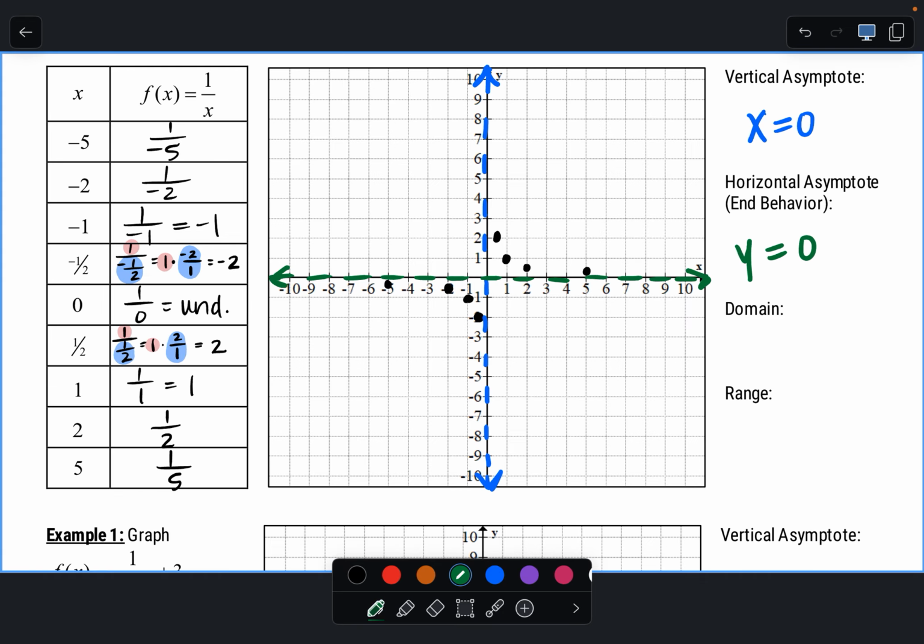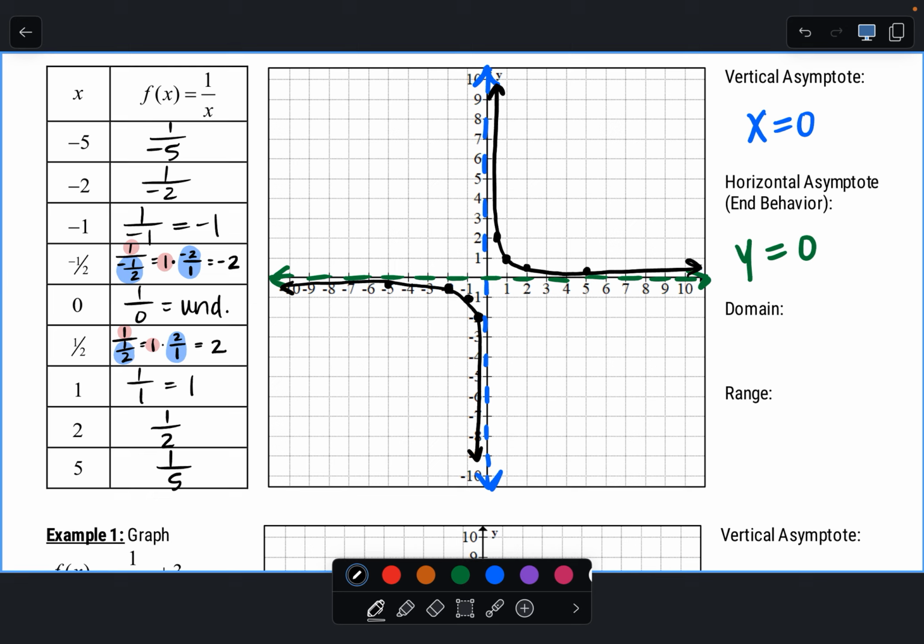I'm starting down 2, left 3. Where am I ending? What are my ending points for that g of x function? Right 2, up 4.